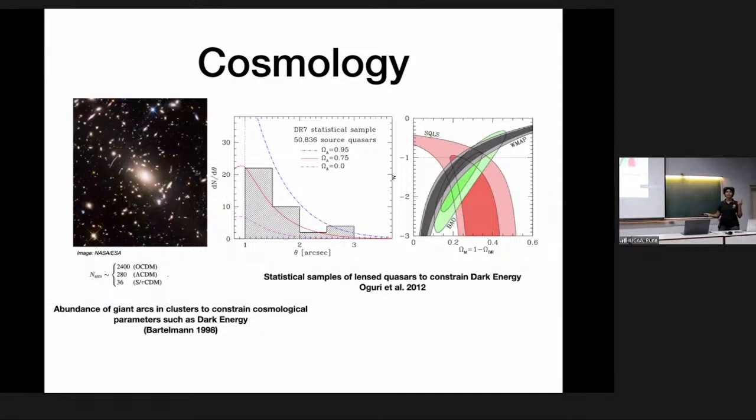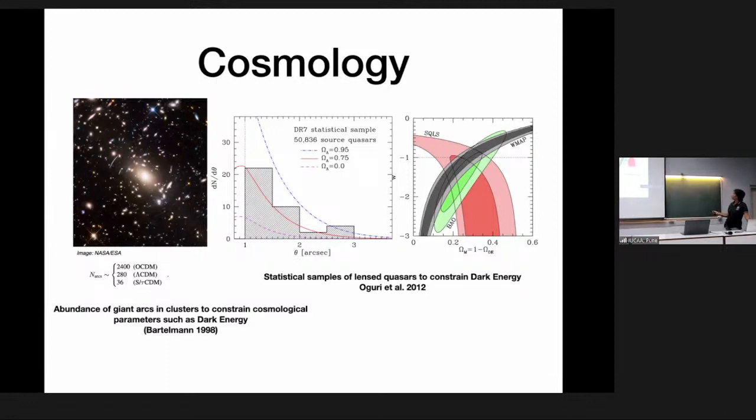Then there are other statistical studies which make use of the image separations, which I talked about earlier. But in my earlier case, I was talking about how we can constrain the dark matter properties by looking at the image separations. Here, the image separations of lensed quasars is used to put constraints on the cosmological model itself. So this is for different models of the dark energy. If we change this omega lambda parameter, how the expected image separation distribution varies, and then we can compare it with the observations to be able to say something about the dark energy itself.